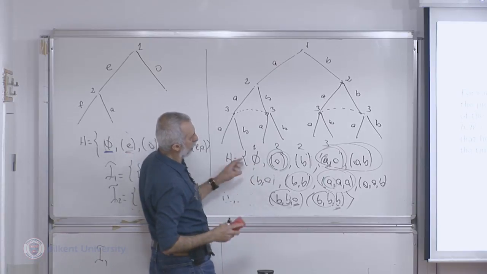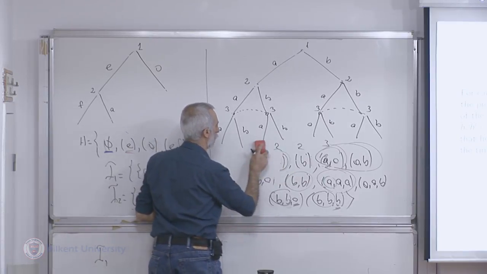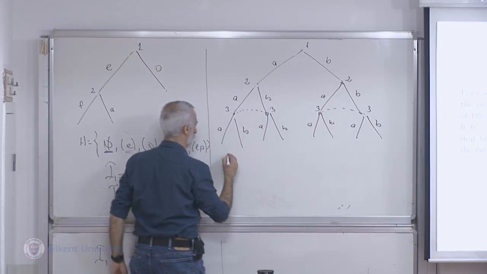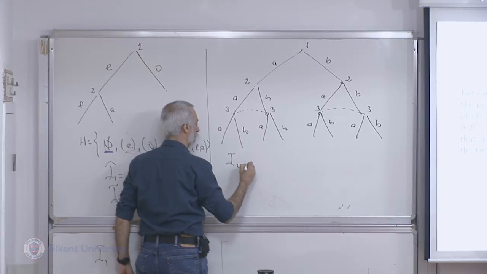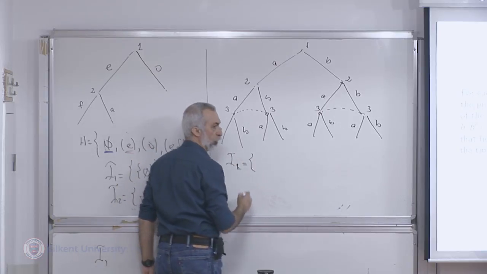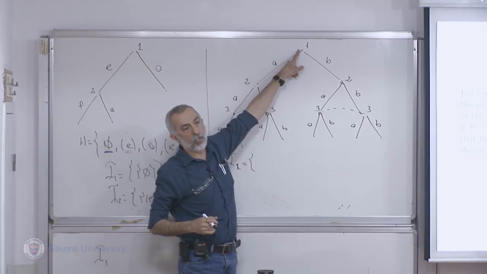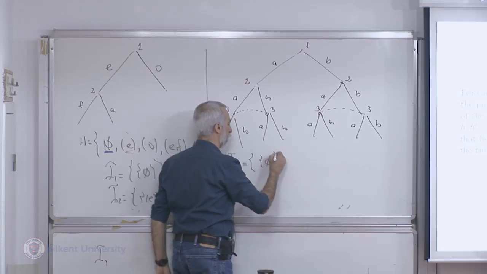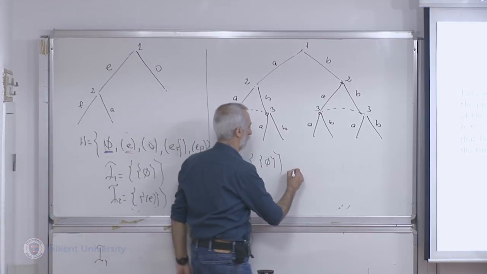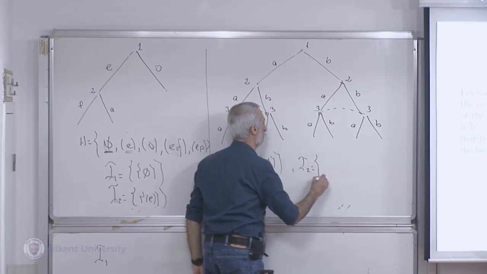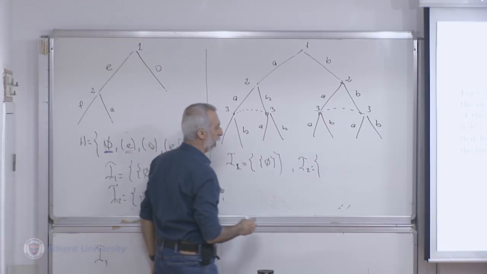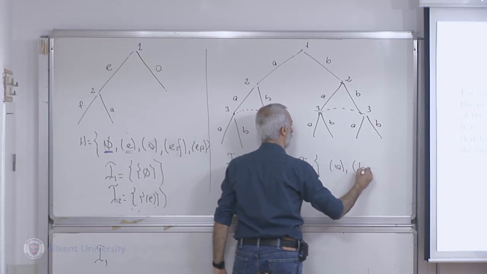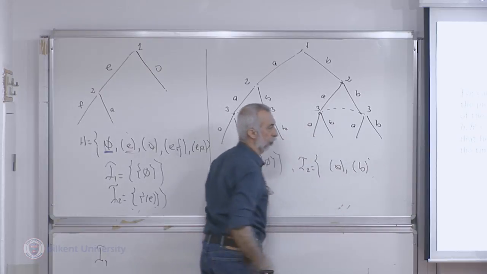We'll deduce this from the picture. Script I1, the information partition of agent 1. There's only one history at which agent 1 takes an action. That's the empty history. So there's only one way to partition it. That's it. Script I2 takes an action at histories, so let me write it here first, and then we'll talk about it.